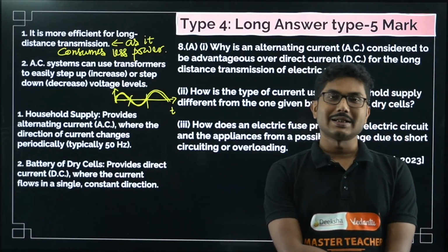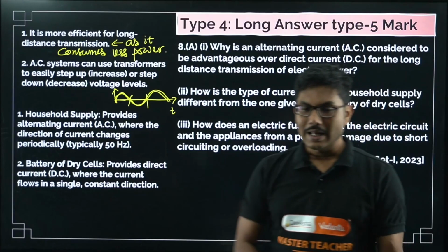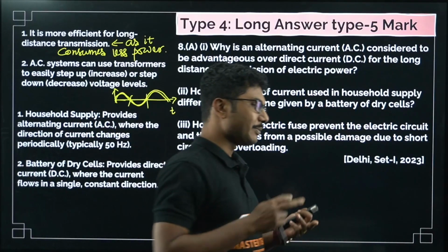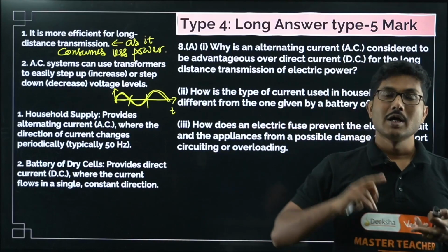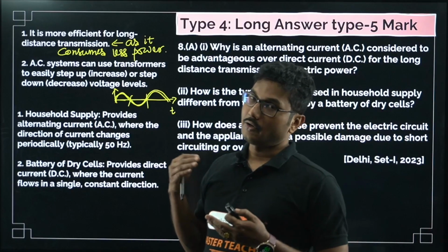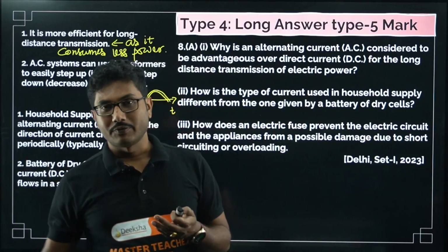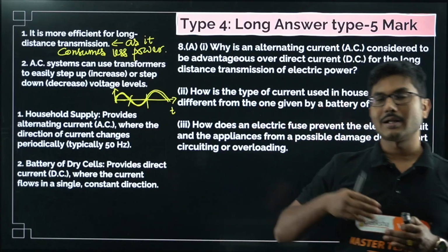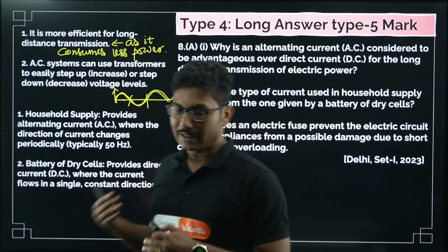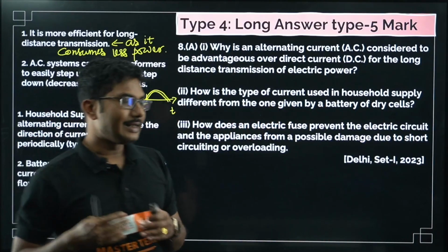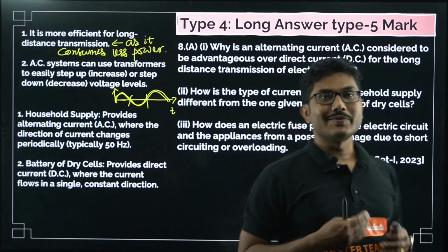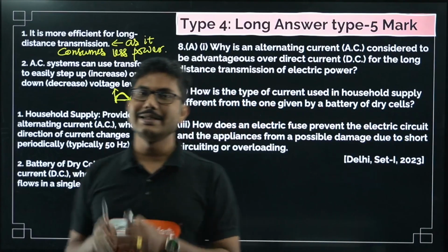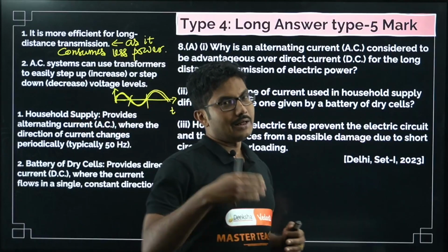AC is most commonly used by most devices. For example, normal incandescent bulbs, fans, normal ACs, even a normal fridge can all operate on normal AC current. There are obviously smart TVs and smart lights that require DC, but they can be converted to DC quite easily. That is why AC is more commonly used rather than DC.